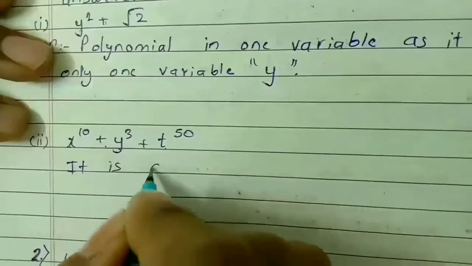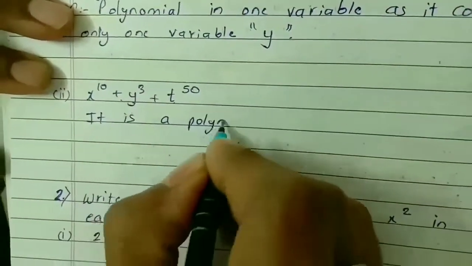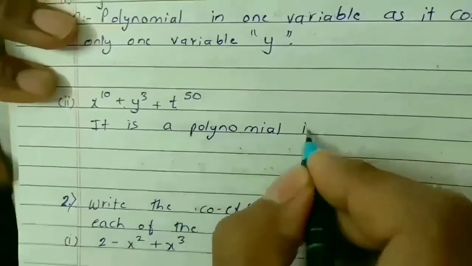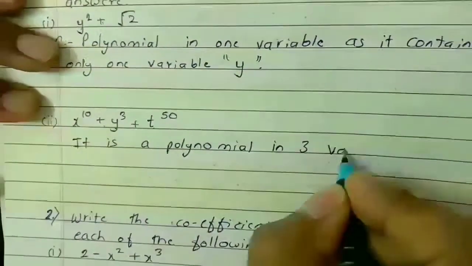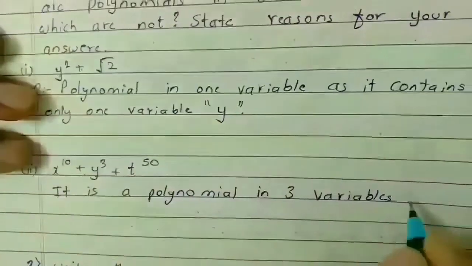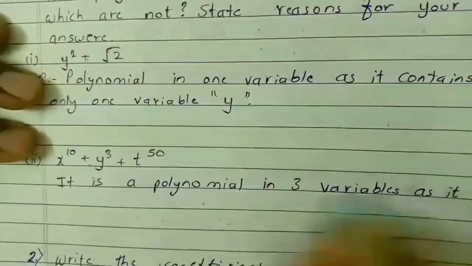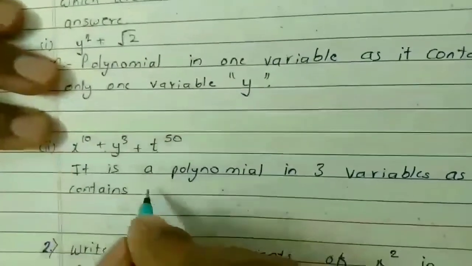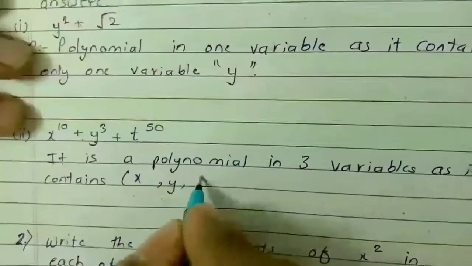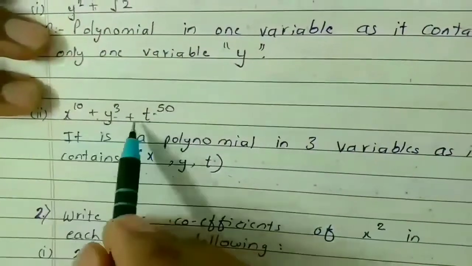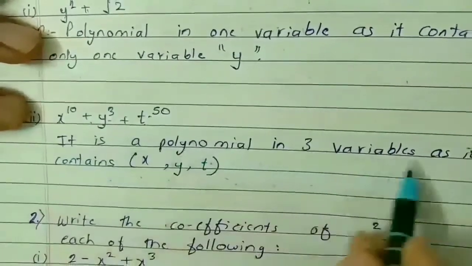It is a polynomial in three variables as it contains x, y and t variables. Here x, y and t variables are there. It's a polynomial in three variables.